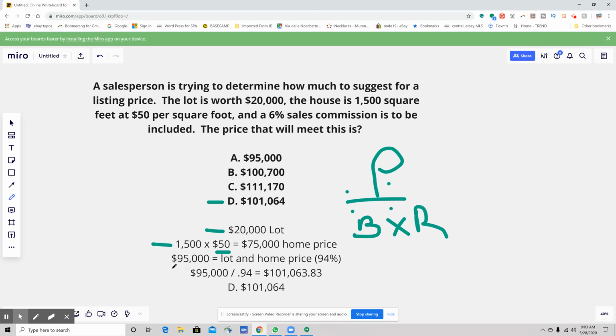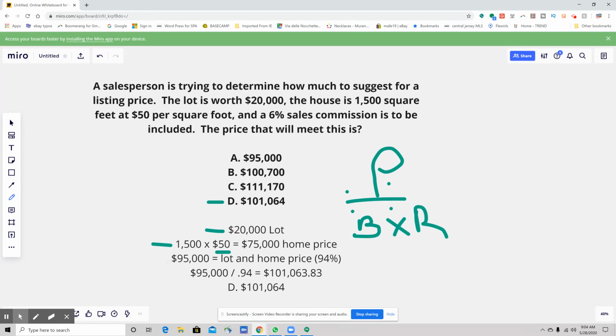So once you've identified that the lot and the home are $95,000, we know that that is a smaller number than the gross, the number you are looking for. So it is time for you to identify the part, the base, and the rate.